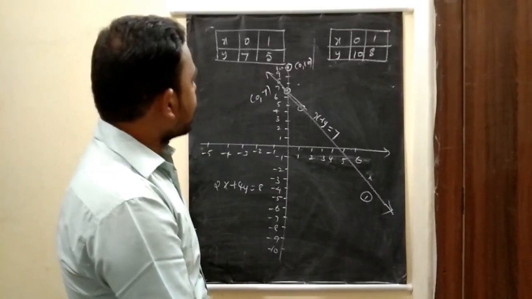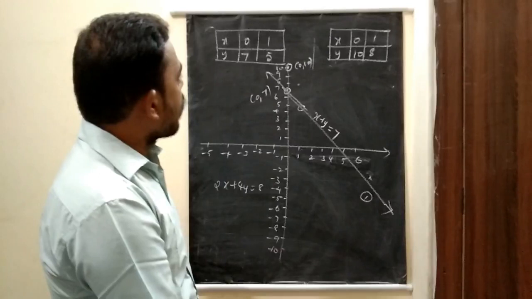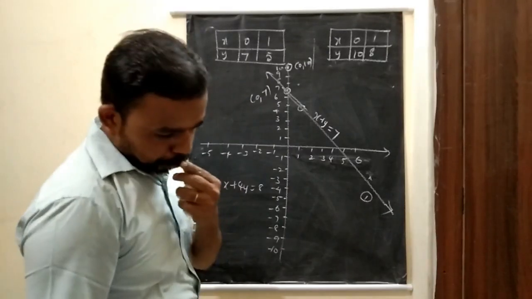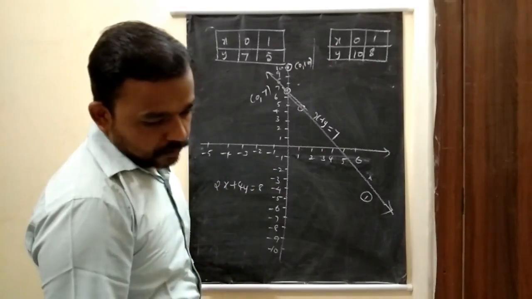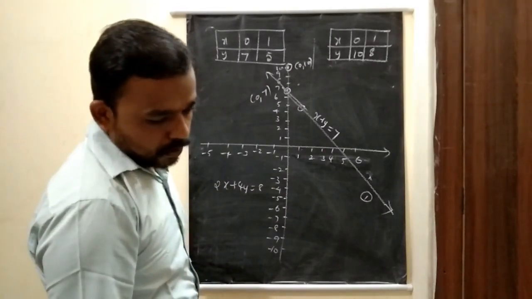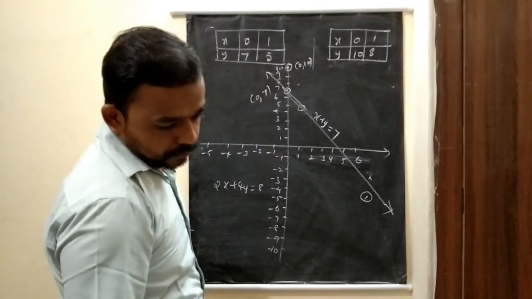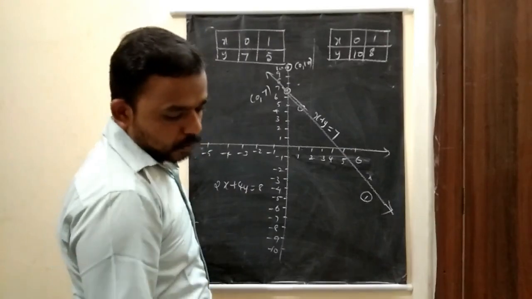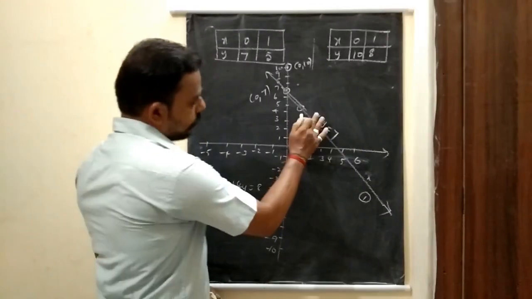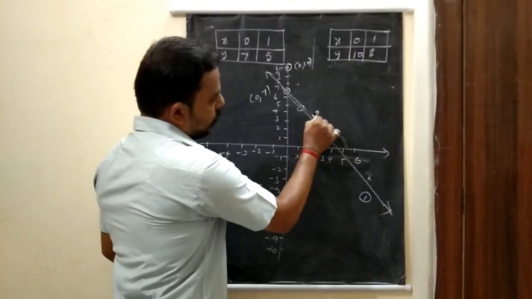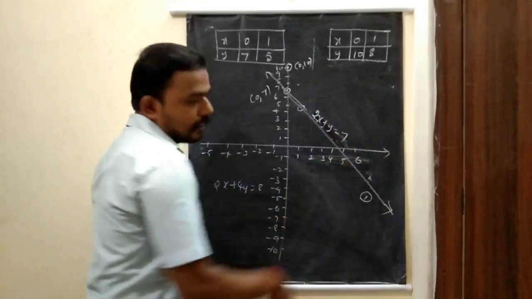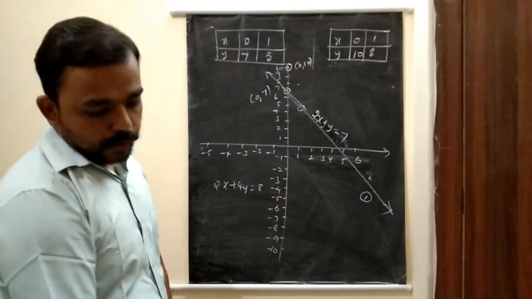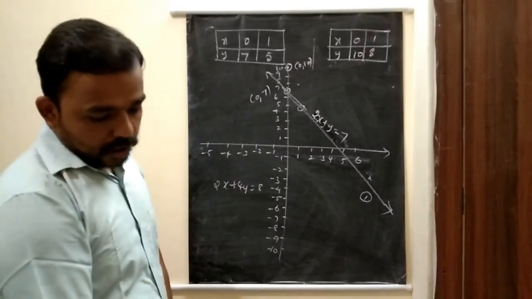X value 0, y value 7, x value 1. Sorry, 2x plus y equal to 7. This is the situation. So for that x value 0, y value 7, x value 1, y value 5.